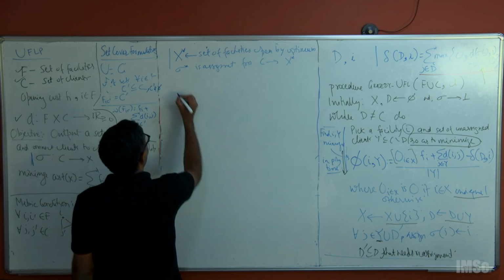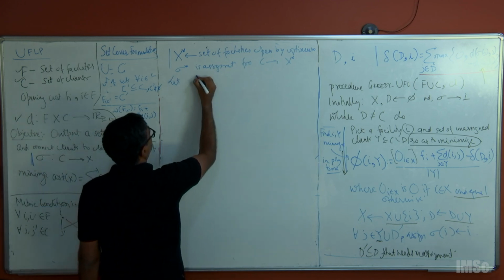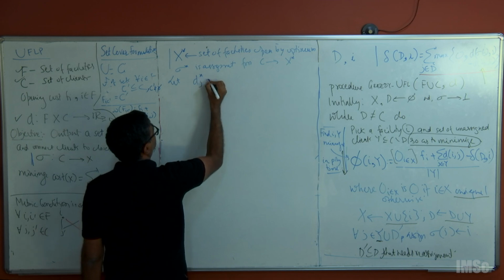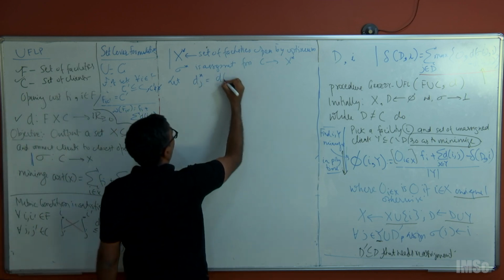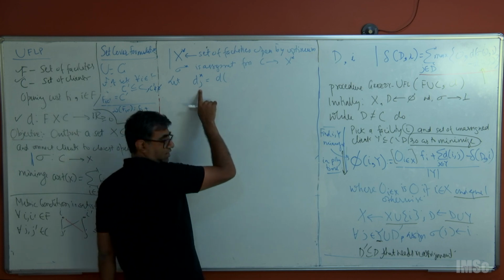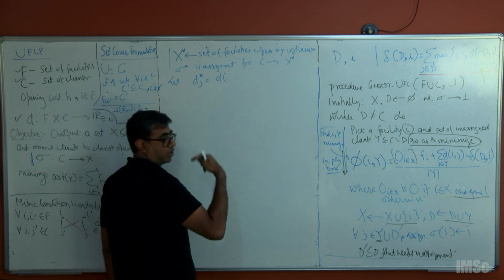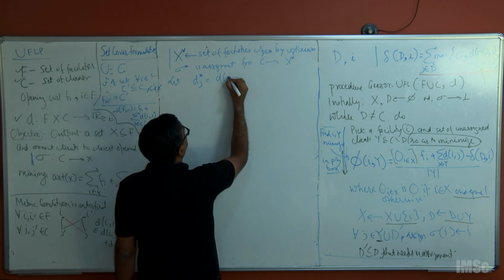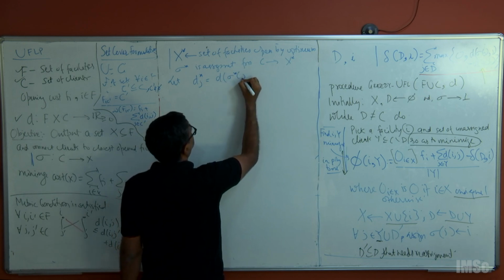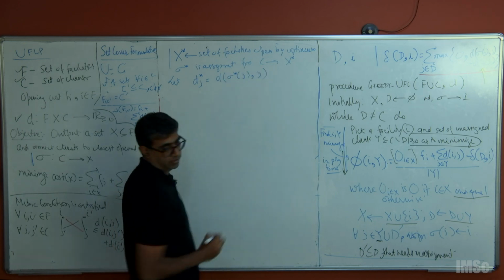Let dj star be the jth client's distance, or the contribution of its distance in the optimum, so this is d of sigma star of j comma j.